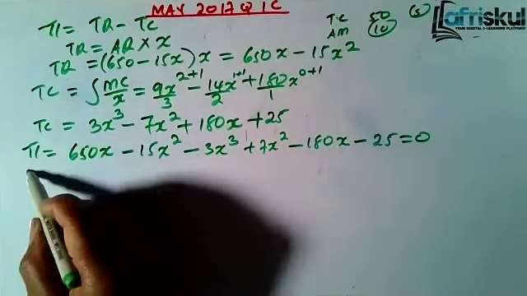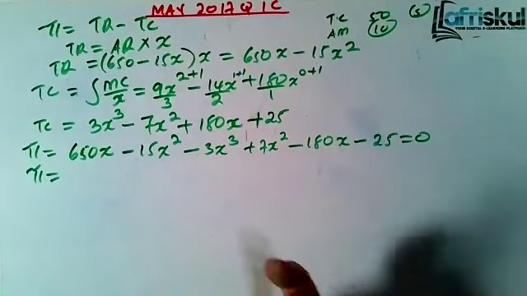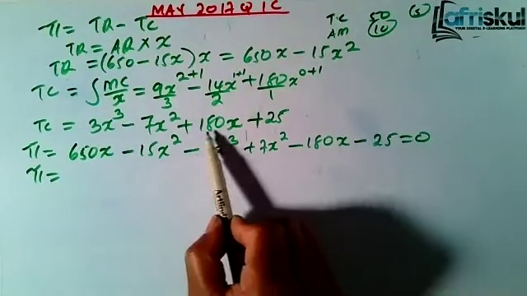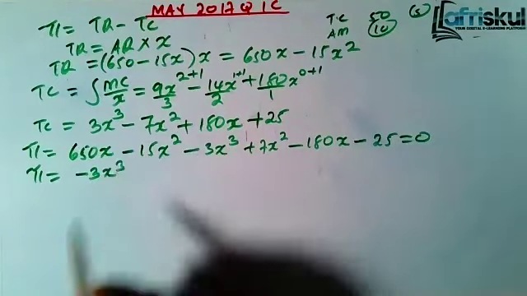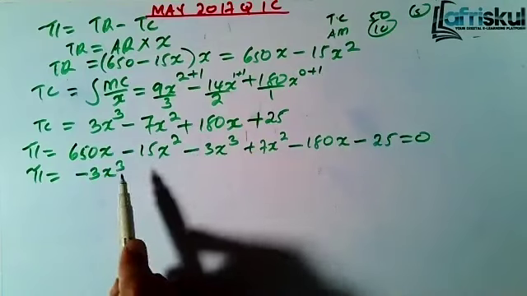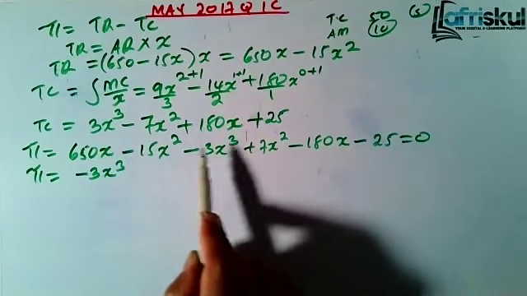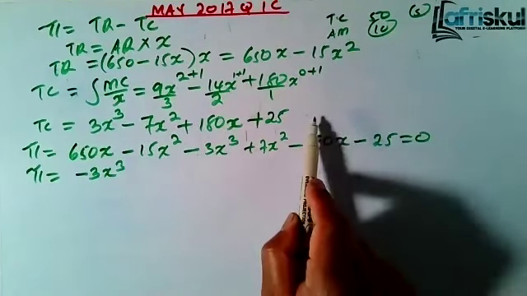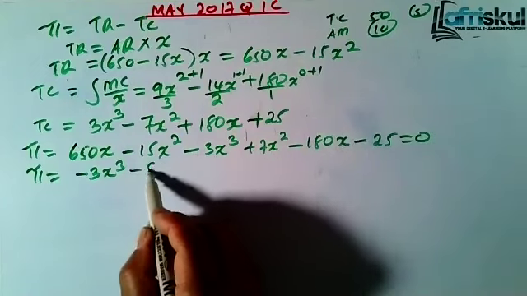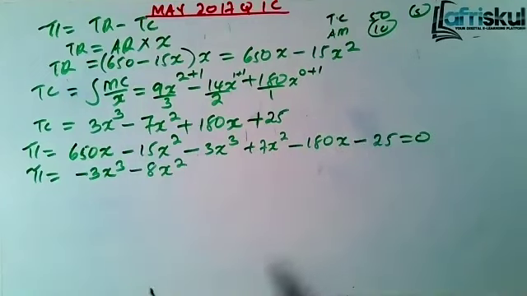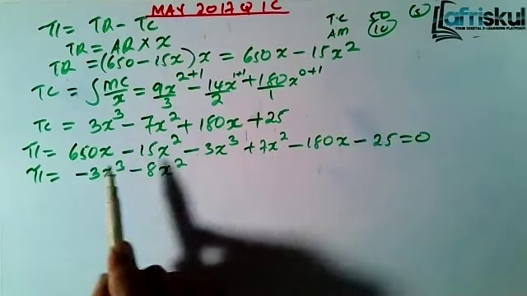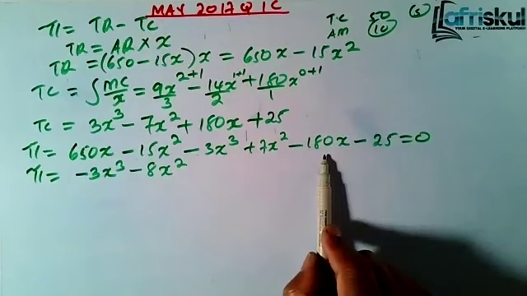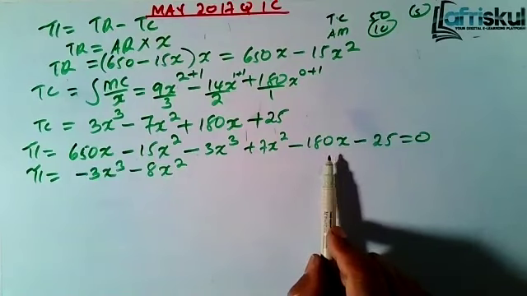And then we simplify the work by bringing the like terms together. Let me start with the cubed: it will be minus 3x cubed. Then for the square, it's minus 15x squared plus 7x squared, which gives minus 8x squared. Then we have 650x minus 180x.